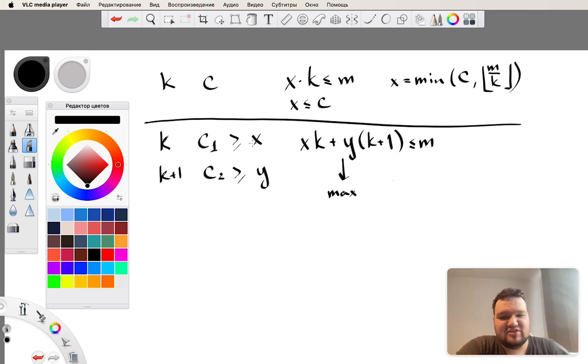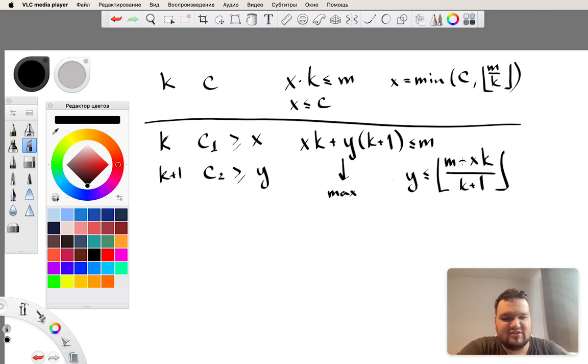So, for example, if we fix x to be something, then y should be just the minimum of how many we have, and the upper bound we get from this inequality, which is y should be at most m minus xk divided by k plus 1 rounded down.